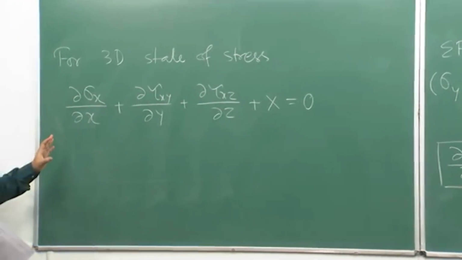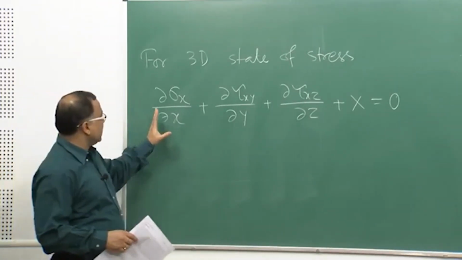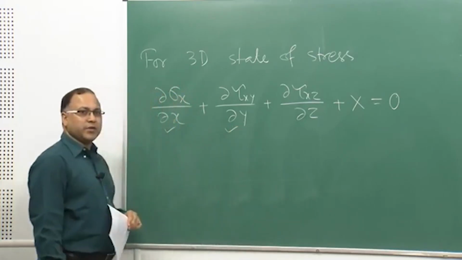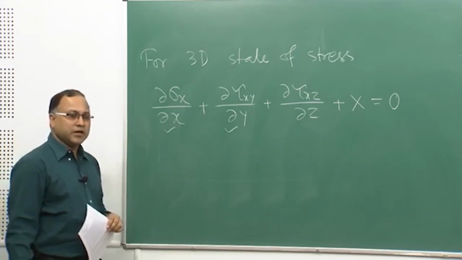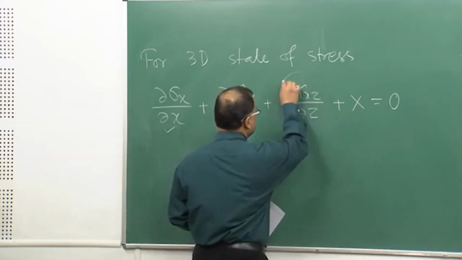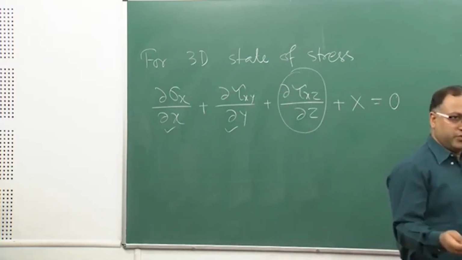Is that clear? If you consider the 2-dimensional state of stress, the first and second terms were coming, which we have already derived. But once you consider the 3-dimensional state of stress, this is the extra term which comes for the z direction.